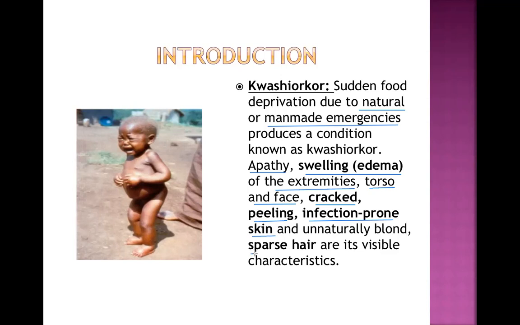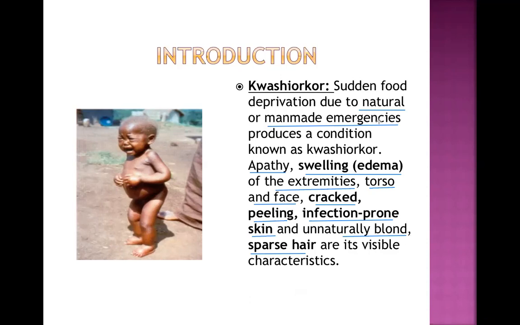And the hair becomes very sparse, meaning the hairs fall out quite early, and only some amount of hair is left, and it becomes gray or white quite early, losing its natural shiny color. That typical healthy-looking color of the hair is no more there. This is called unnaturally blonde hair, or sometimes they become gray as well. These are all very important features of kwashiorkor.